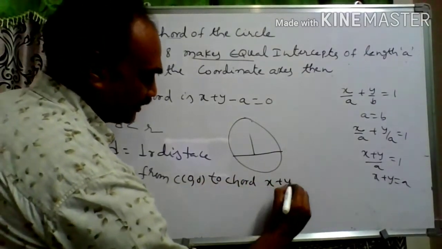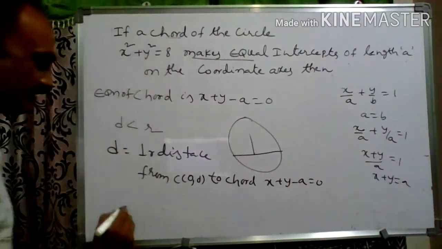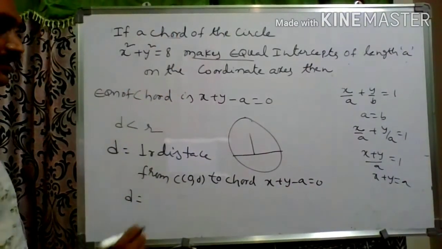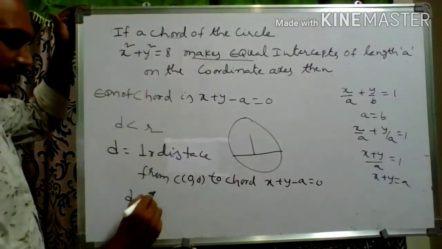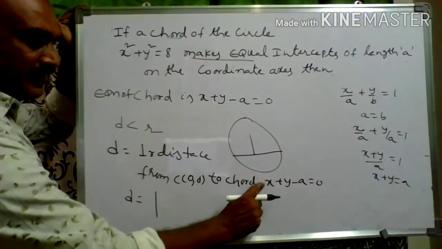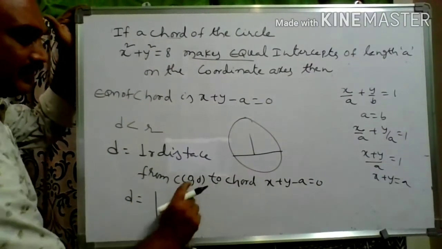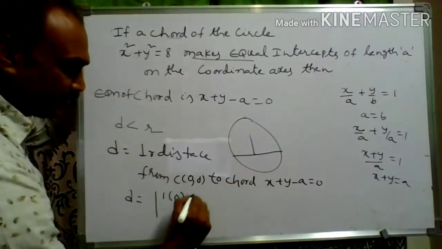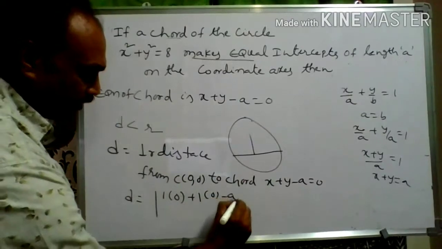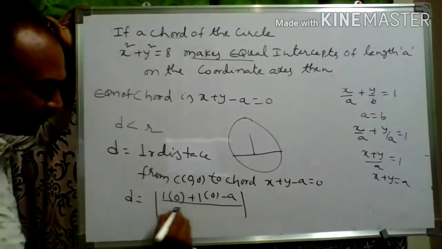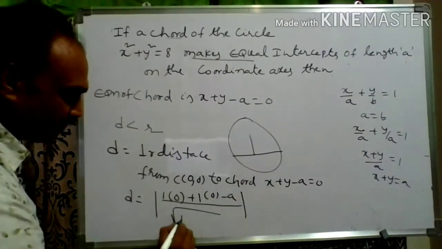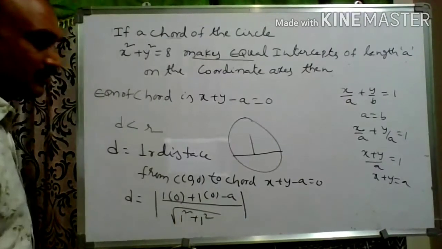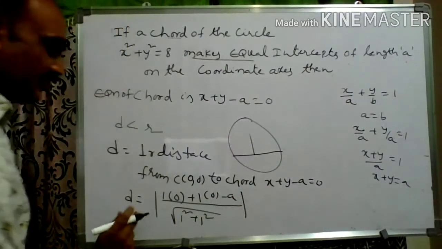Chord equation x plus y minus A is equal to 0. So D is equal, friends, to perpendicular distance formula, mod of A x1 plus B y1 plus C by root of A square plus B square. A is 1, x1 is 0, 1 into 0. B is 1, y1 is 0, 1 into 0 plus C, minus A by root of 1 square plus 1 square. So this is D.